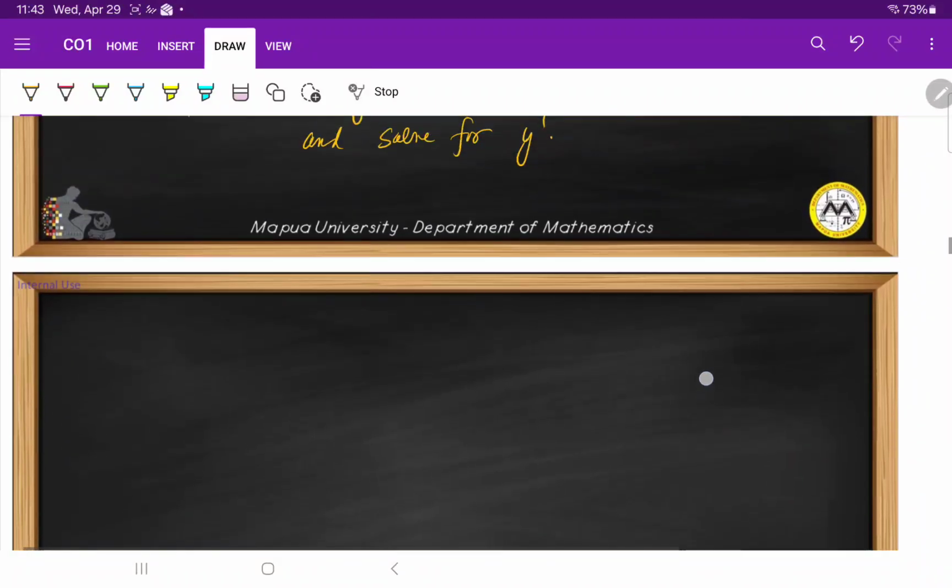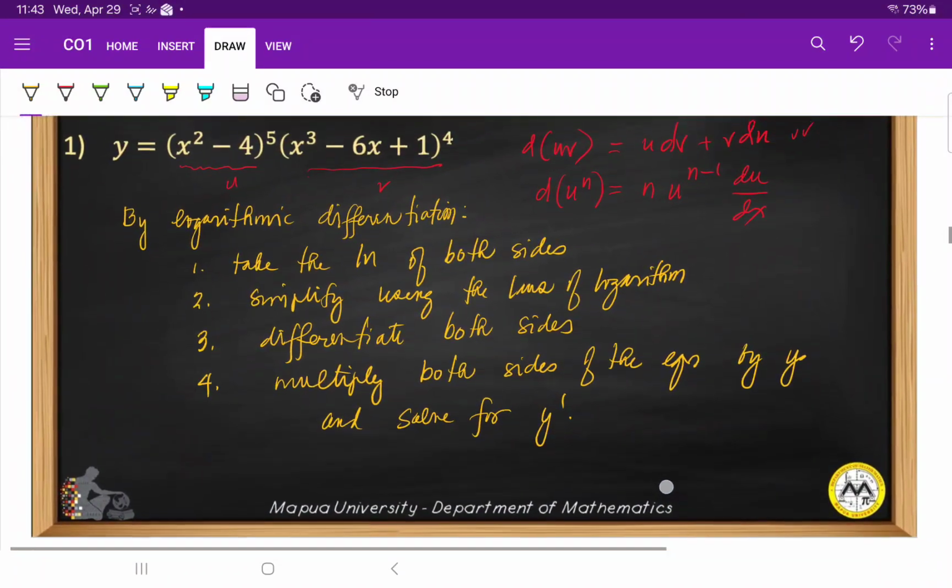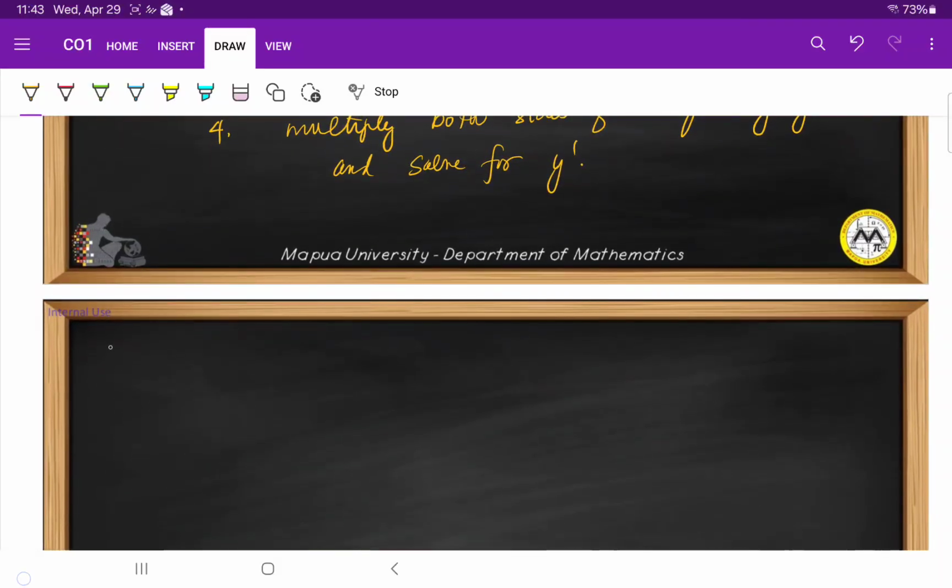So let's do that here. In this example, let's rewrite the problem. We're given y equal to x squared minus 4 raised to the 5th times x cubed minus 6x plus 1 raised to the 4th.